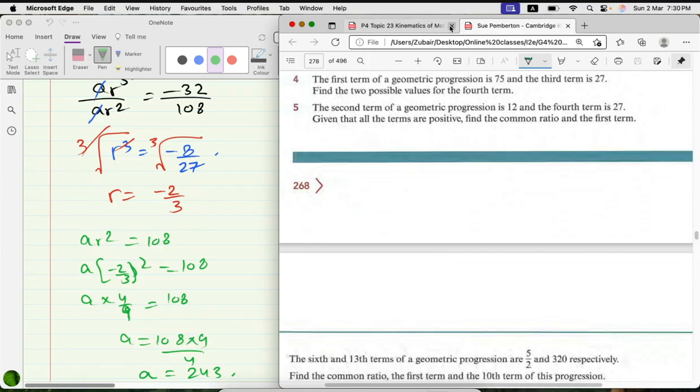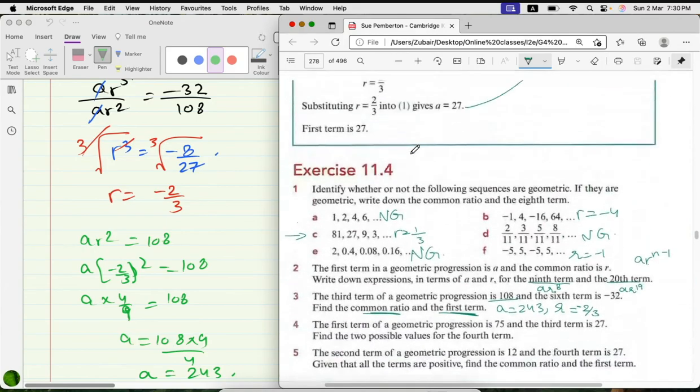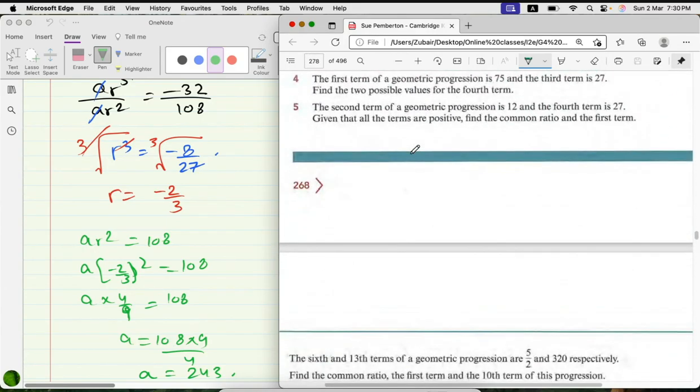Okay. The first term of the geometric progression is this, and this is exercise 11.4. Try question number 4.